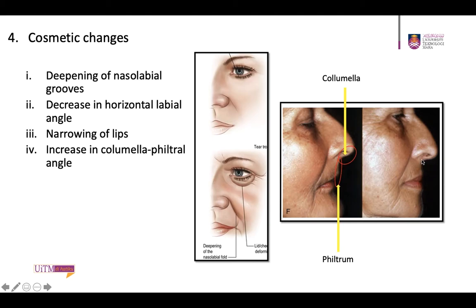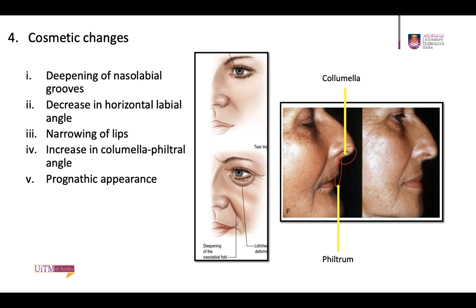In Caucasians, of course, this is 90 degrees, but in Asians, our normal angle for this columella philtral angle is always acute. So in Asian patients, if after you provide the dentures, the patients go back to this angle of 90 degrees, you probably have not restored back to the correct fullness of the lips.